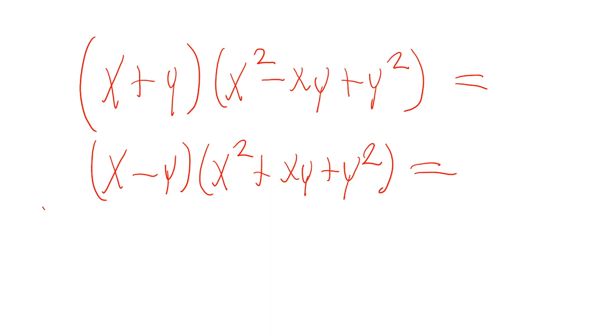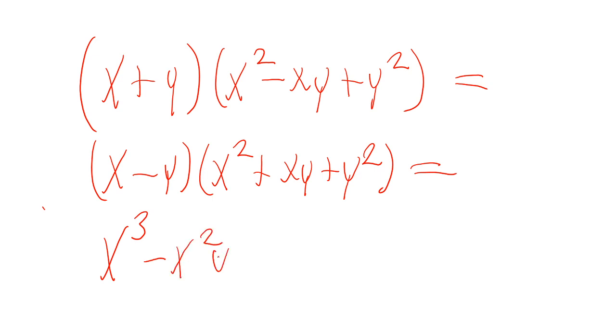Alright, so I'm going to go ahead and expand the first one down here. We have x times x squared, that gives us x cubed. And then we have this term over here, negative xy times x. Well, we have a negative x multiplied by x, so that's negative x squared y.